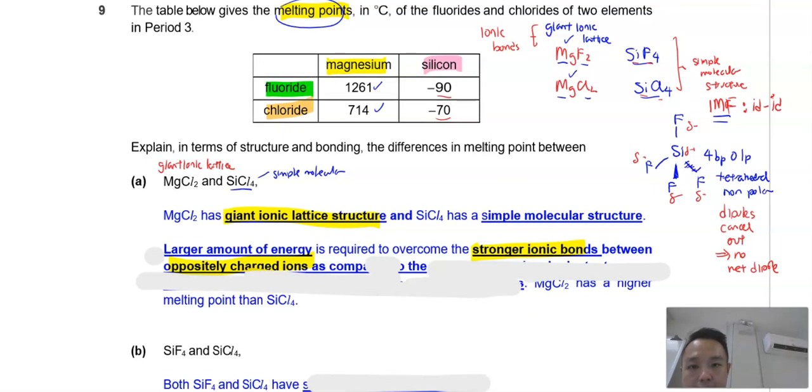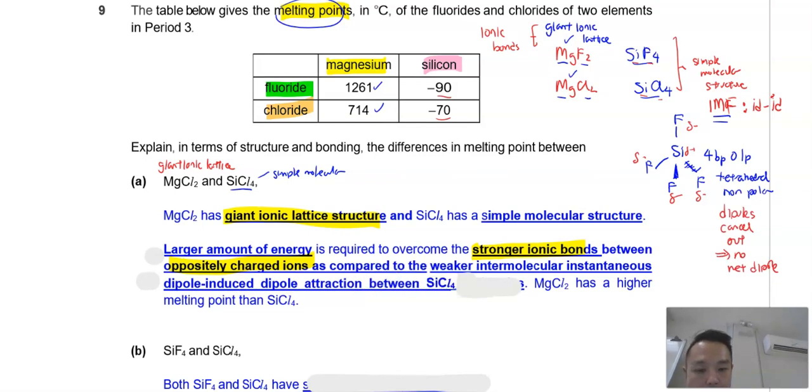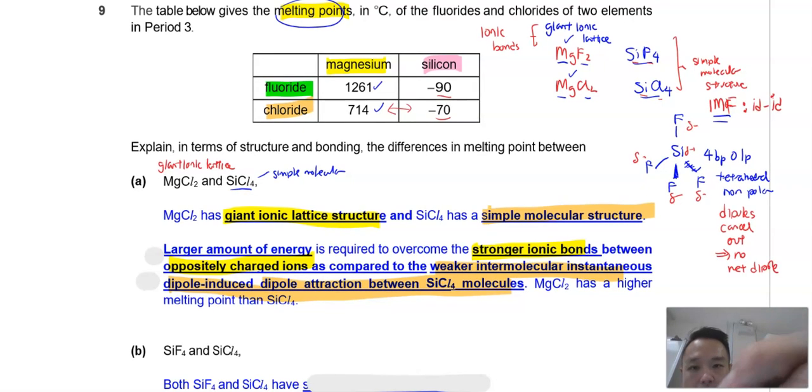As compared to the IMF, what's the IMF in this case? Your weak intermolecular ID between your molecules. Okay? So you can see a direct comparison, and that's why you can see a big difference in terms of the melting point.